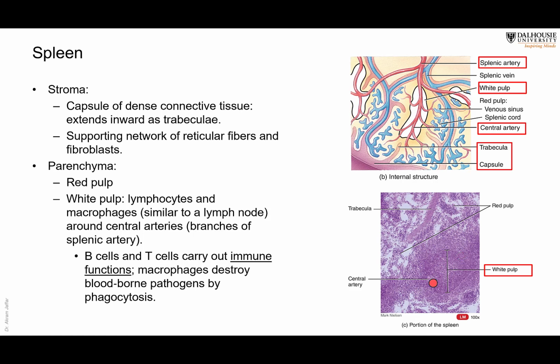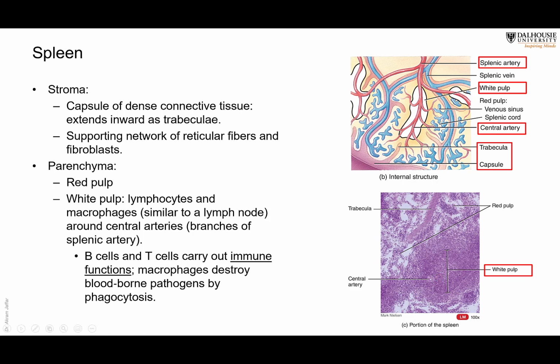If there is a microbe in the central artery, it will be filtered in the white pulp around it and will be attacked by the lymphocytes, either B-lymphocytes that produce the antibody, or the T-lymphocytes, the killer cells that inject cytotoxic substances into it. So that is the importance of the white pulp.